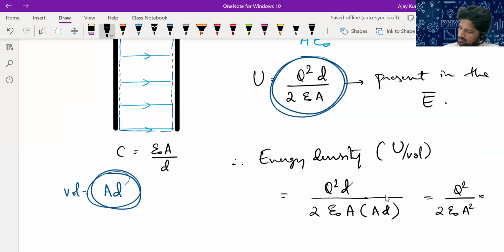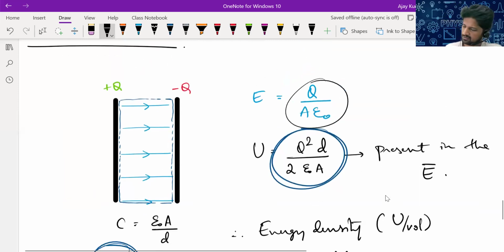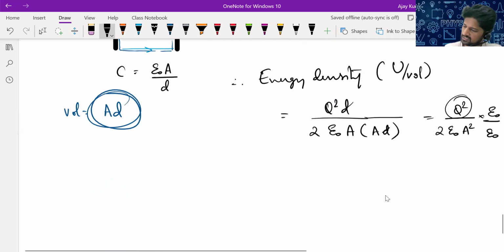Multiply and divide with epsilon naught. Why? Because we are deriving energy density in the electric field, so it'll be better if the answer is in terms of the electric field. And electric field between the plates is Q by A epsilon naught. Now here we have Q square by A square, epsilon naught square is not there, so I'm multiplying and dividing with epsilon naught.